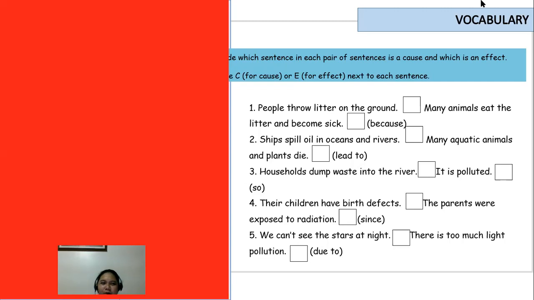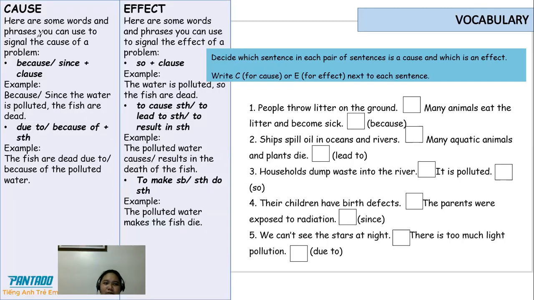Yeah, that's good too. You're correct. Cause is the reason why this thing happened, and effect is the thing that happened because of the cause. So here are some words and phrases you can use to signal the cause of a problem.